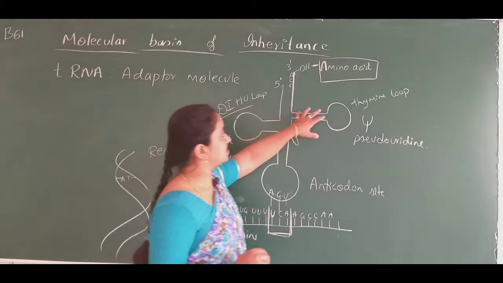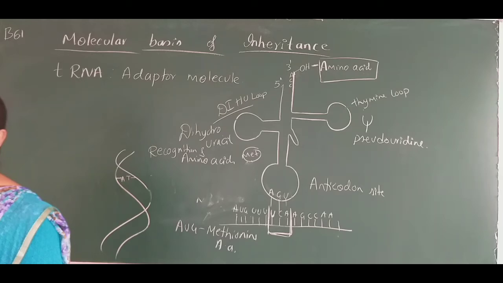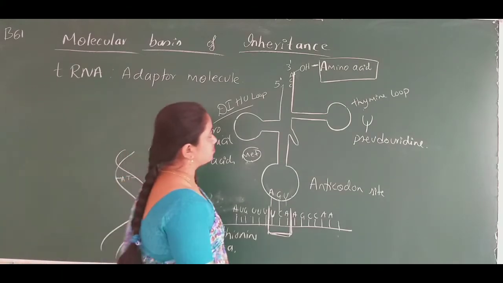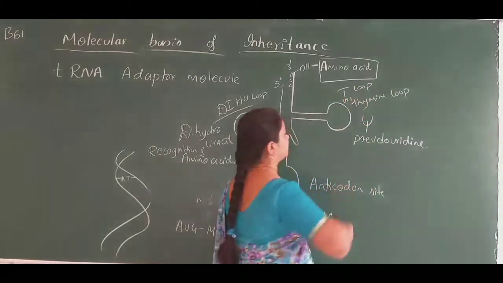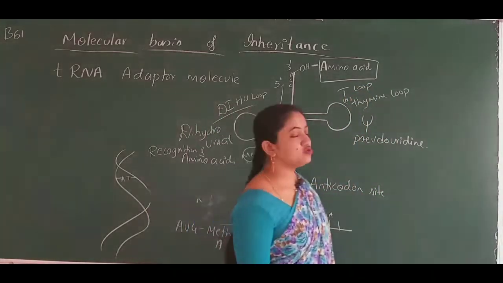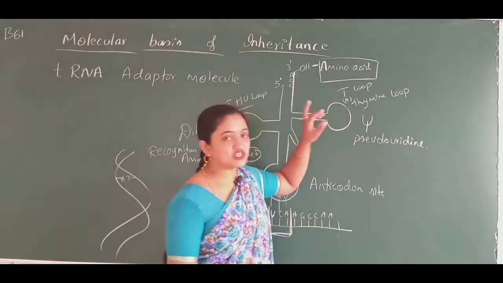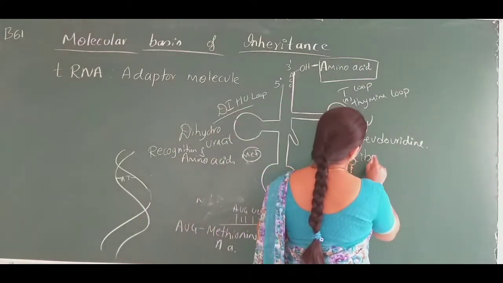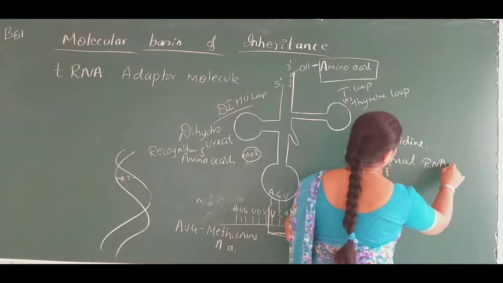One more arm is at this side, known as the thymine loop or thymine arm, also called the T loop or pseudouridine loop. The function of the T loop is that it recognizes the ribosomal RNA.